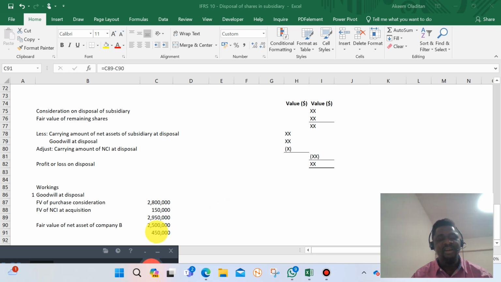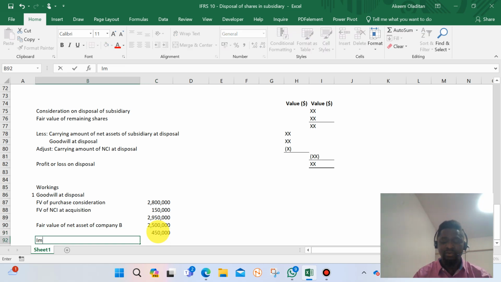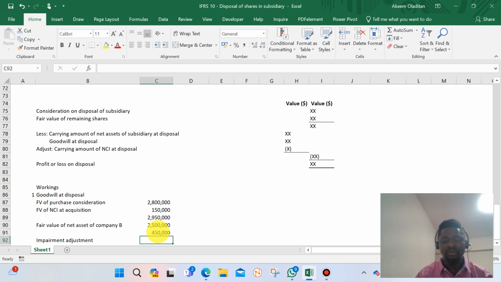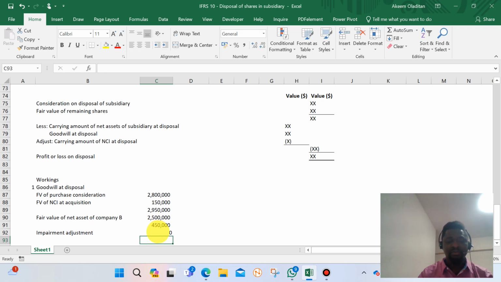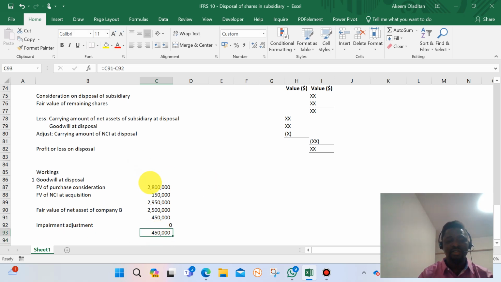So this is the value of goodwill at acquisition, because that's goodwill that we need. And let's see whether there's any impairment. So impairment, adjustment. So in the question, there's nothing like that. So it's 0. So what we have at disposal is still the same, 450,000.